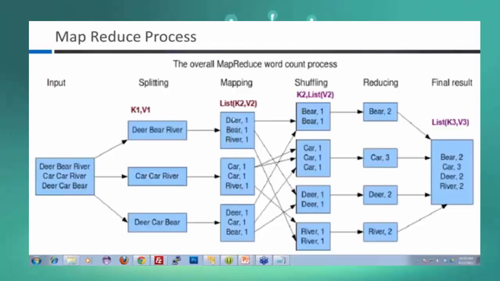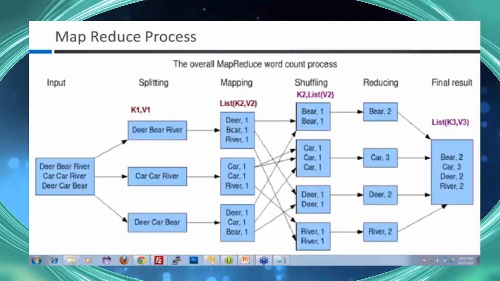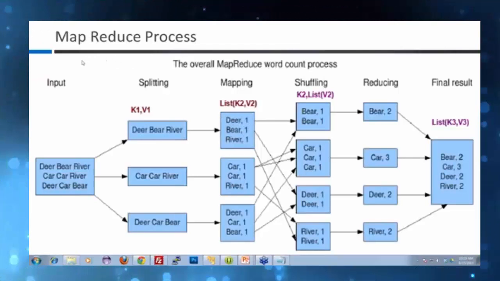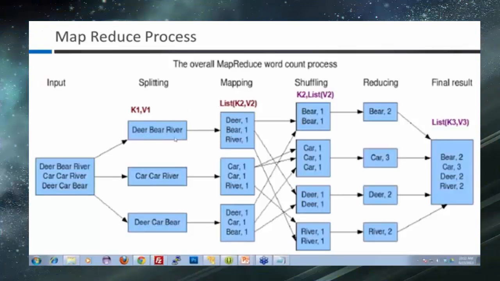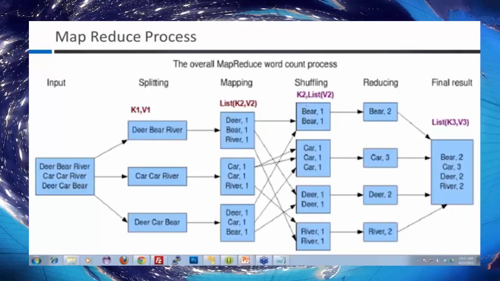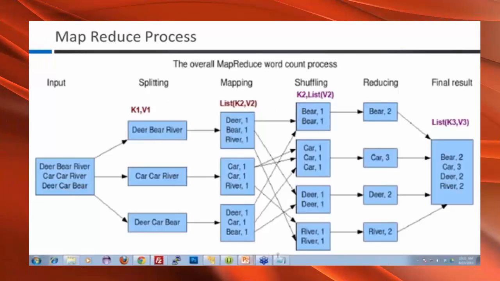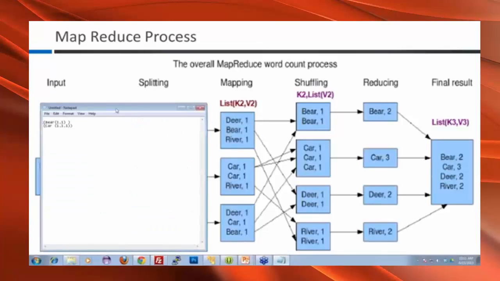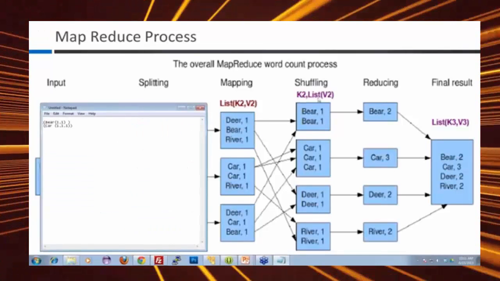Ramesh is asking me, I did not understand list K2, V2. Now these are key values, that is clear to everyone. This is a list of key values, also clear to everyone. And if I represent this part as what I showed on notepad, then this is a key and a list. Is that clear to everyone?